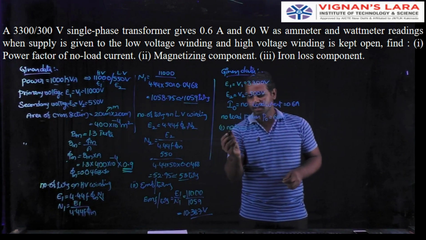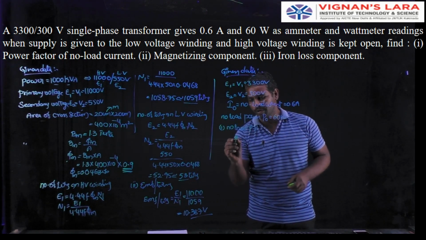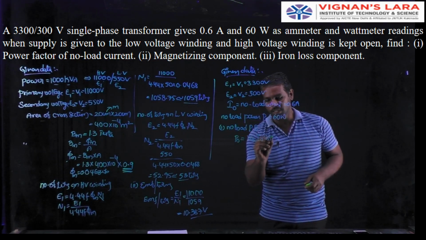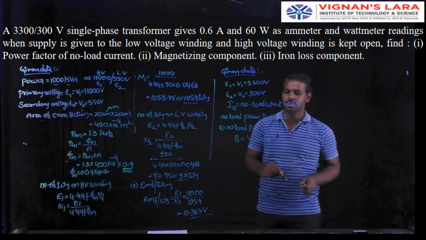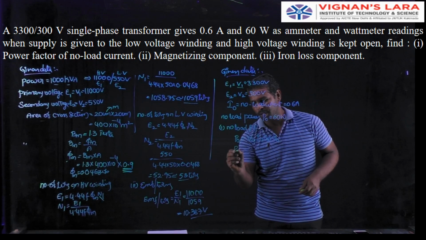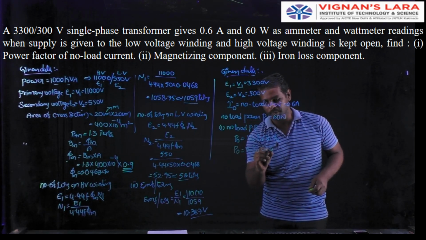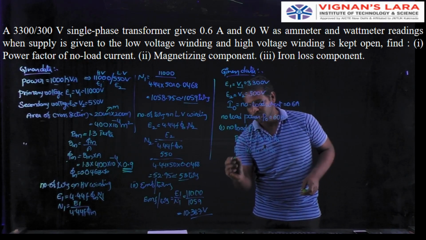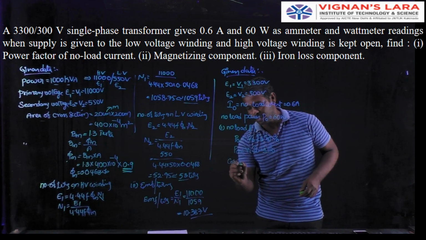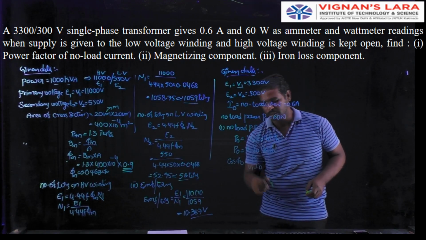So in this, power P naught is equal to V naught into I naught into cos phi naught. V naught is the input voltage, which is equal to V1. So P naught is equal to V1 into I naught into cos phi naught. So cos phi naught is equal to P naught divided by V1 into I naught.